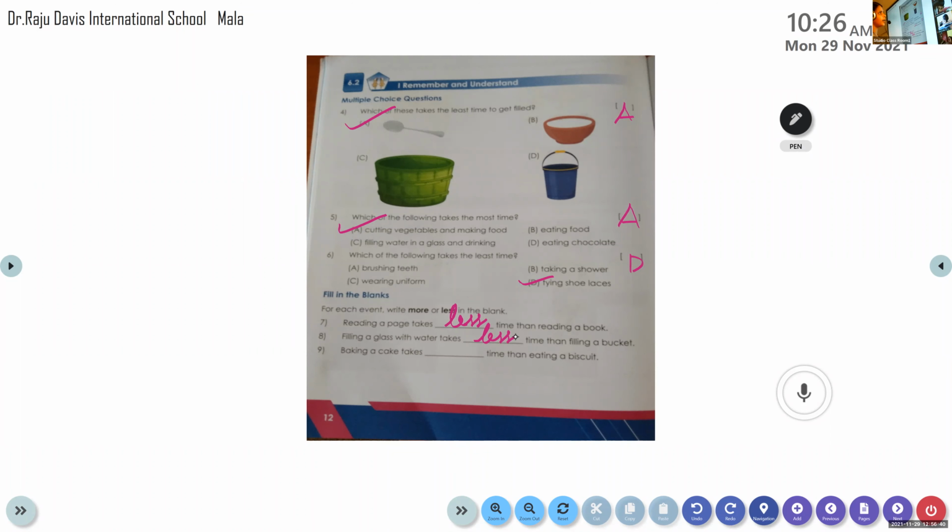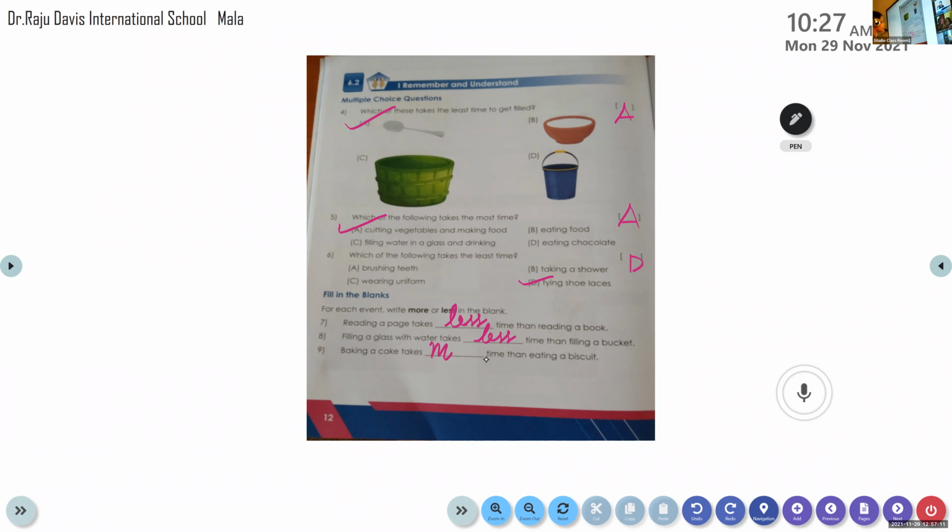Now, number 9. I completed the 9th question. Baking a cake. See, baking a cake takes. And which is the other activity? Eating a biscuit. Okay, so baking a cake, is it less time or more time? More time. Yes. Baking a cake takes more time.